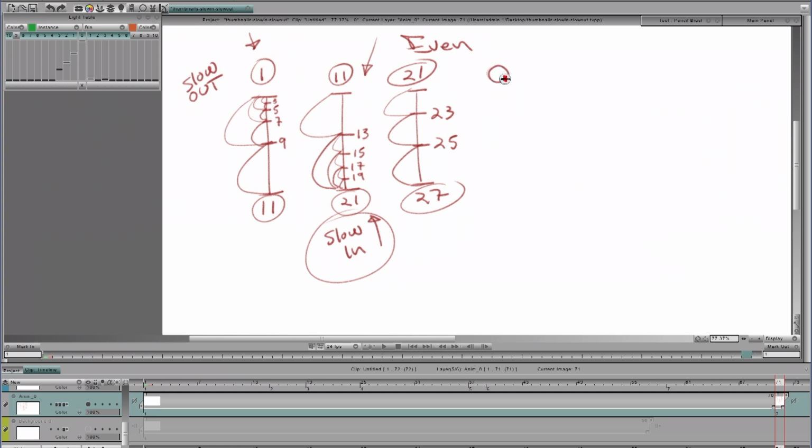I'll just make a ball here, a ball there. What that means is the ball is consistently moving. It's not slowing in or slowing out. So with this in mind, this is what to remember. This is your basic charts.